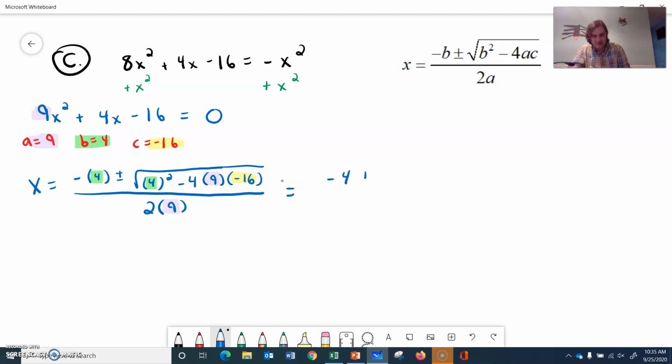Okay, so let's clean that up the best we can. Negative 4 plus or minus the square root of 4 squared is 16. Again, we got two minuses over here, so it'll be a plus. 4 times 9 times 16. I'm picking up my calculator. 576. And that's all over 18. So crummy 8.